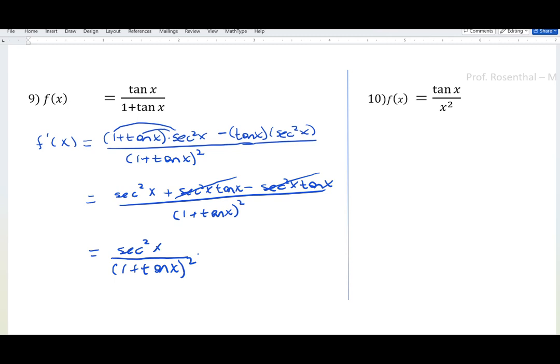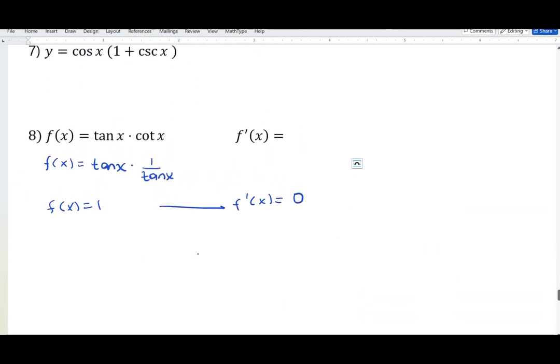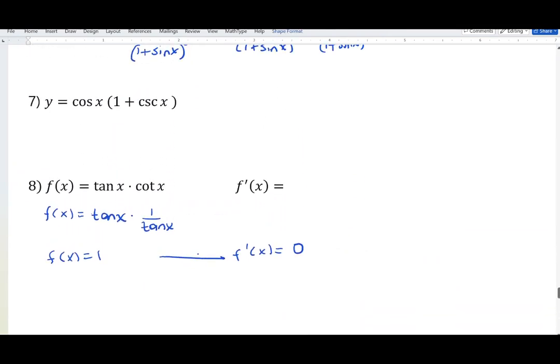And I'm going to take a moment now to go back to one that I had skipped earlier, number 7, where I had cosine x times 1 plus cosecant x. In that situation, like we did in number 8, you still have your options. You could apply the product rule, or you could say, I wonder if I can simplify this before I even begin. You could do a little exploration, and it turns out that's a lot easier.